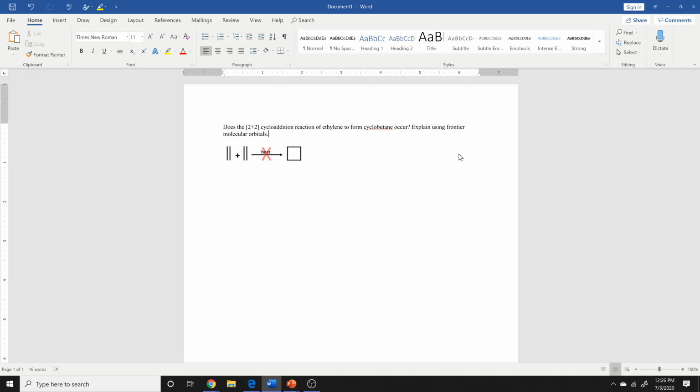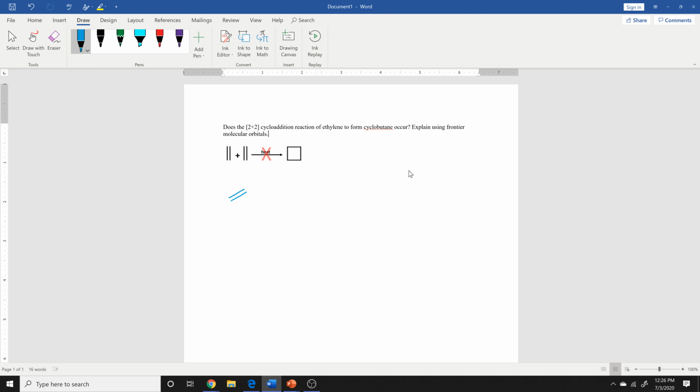Before drawing the frontier molecular orbitals, I'm just going to go ahead and draw the molecular orbitals for ethene. So what you have here is my ethene. I know that I have 2 p atomic orbitals, which implies I'm going to end up having 2 pi molecular orbitals.